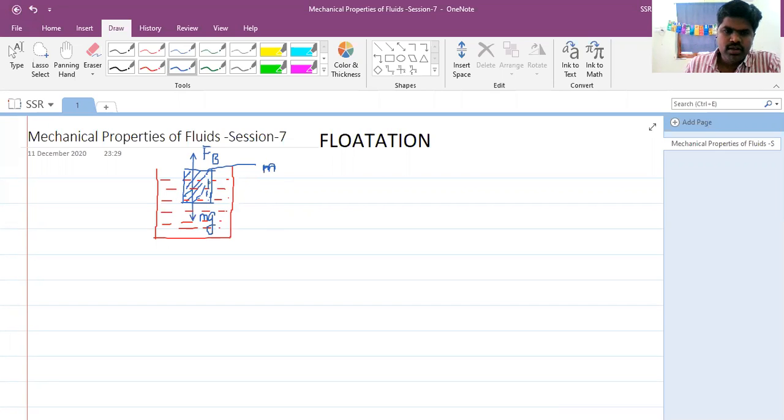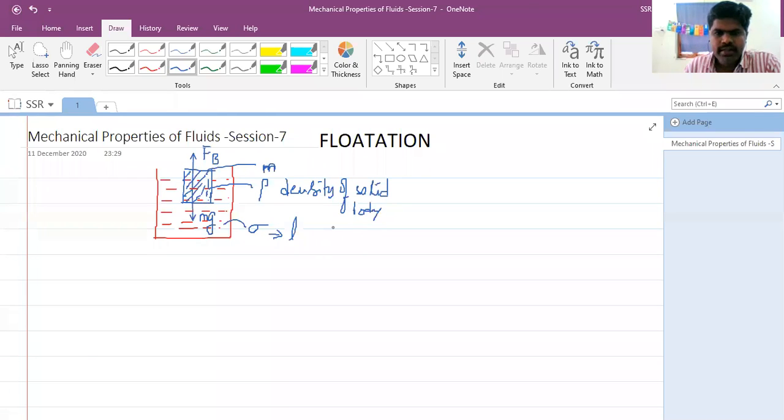In this situation, let us imagine the density of the solid is rho, and the density of the liquid is sigma.